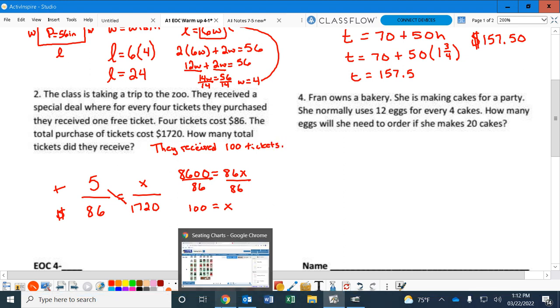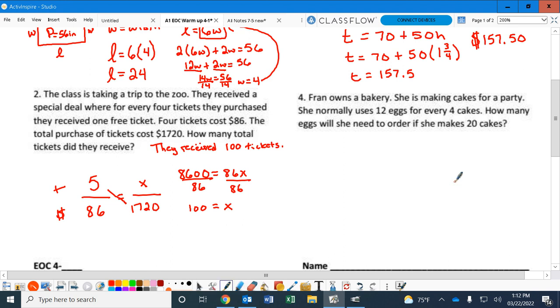Okay. You've got to answer the question that they ask you. If they give you room to type, you're going to type what you actually got. They received 100 tickets. Questions, concerns, anything about it before we move on?